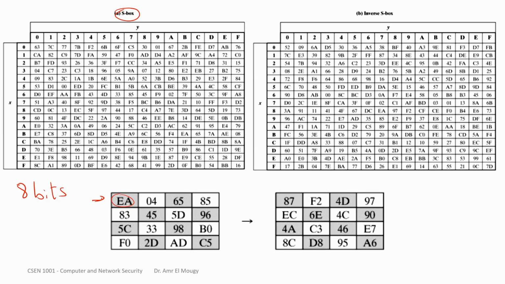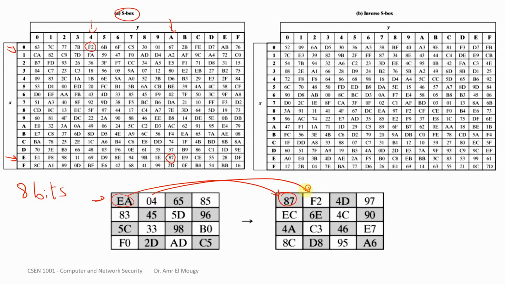For example, if I want to substitute EA, I will take E as the index to the row, I will take A as the index to the column, and the intersection of these two is 87. So EA is replaced with 87. Okay. Then if I want to encrypt 04, I will go to row 0, column 4, and the result is F2.